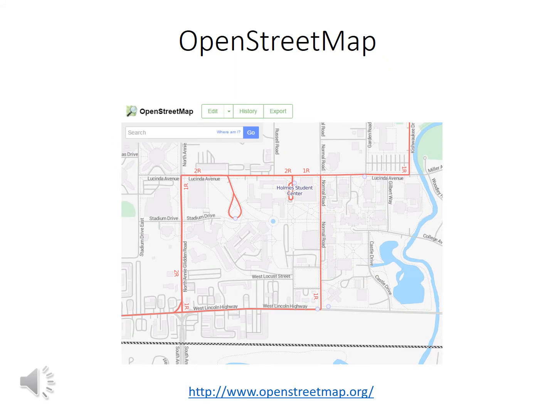OpenStreetMap is like a Wikipedia for geographic data. It's a nice resource that was started about 15 years ago or so. And what it is is a bunch of user-contributed information. So it's got street data for sure. A lot of that came originally from census data. But most of it at this point has now been contributed by the user community.